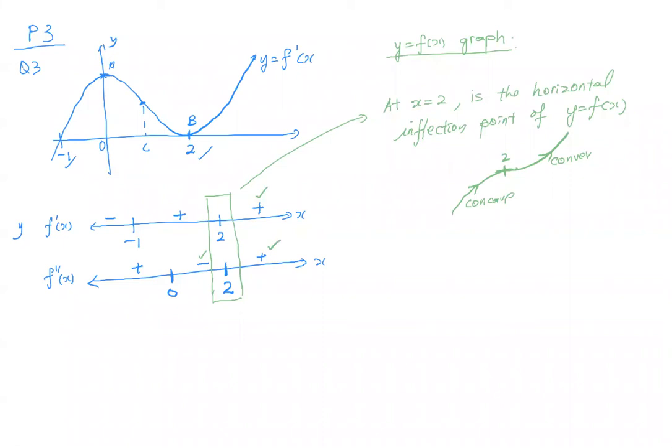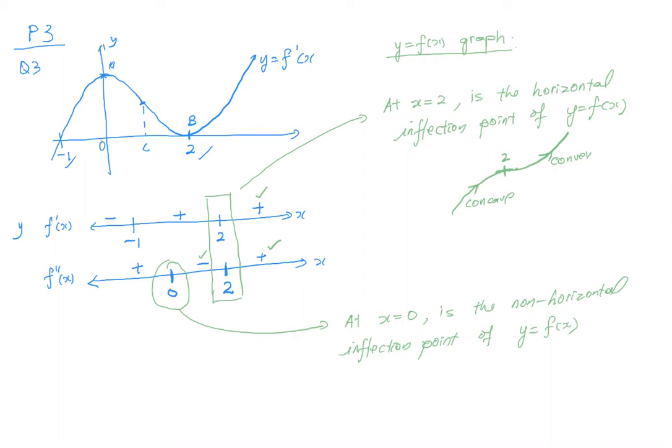So I know that part of the graph already. And I also know that at x equal to 0 is the non-horizontal inflection point of y equal to f x graph.